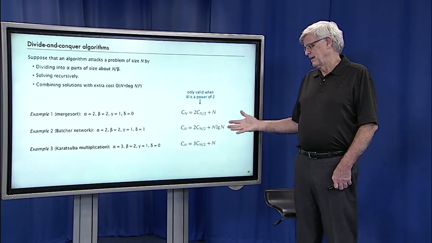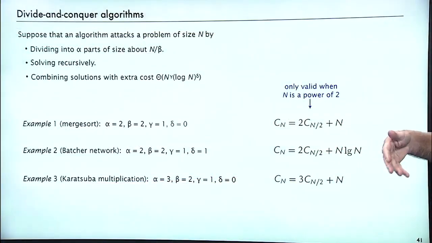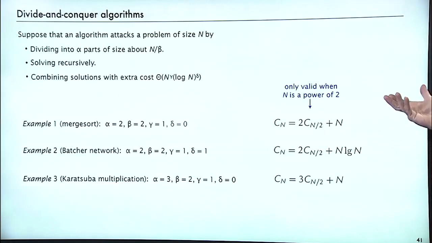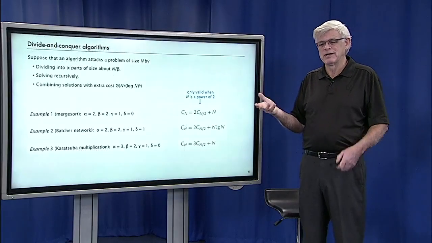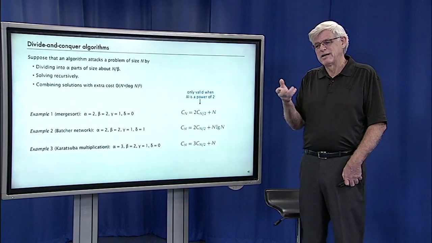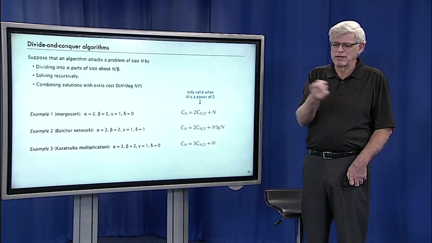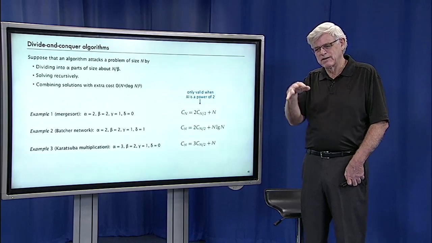A famous algorithm that got people interested in this was multiplication. At the beginning, people were wondering how difficult is the problem of multiplying two n-bit integers. And it seemed like the best you could do would be the grade school method of multiplying two n-bit integers by taking each bit, multiplying by all the other bits, moving over one, and then adding up.